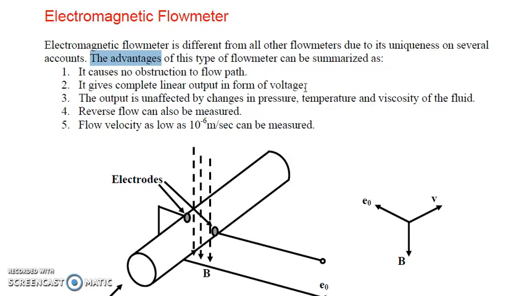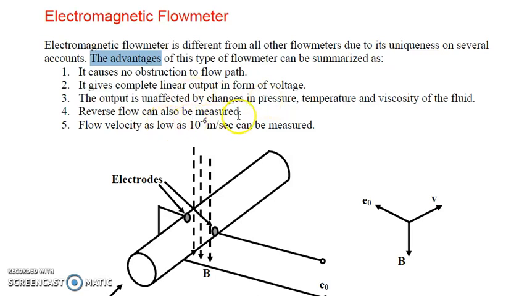So here, since this is a concept of electromagnetism and it is giving the linear output as the response of flow of liquid. The output is unaffected by changes in pressure, temperature and viscosity of liquid. So, if either pressure, temperature and viscosity of fluid is changing, then also the output is not affected.